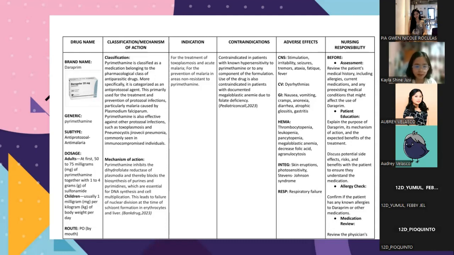And for the integumentary effects, pyrimethamine may cause skin rashes or eruptions. Some individuals may experience increased sensitivity to sunlight, or photosensitivity. And Stevens-Johnson syndrome, which is a potentially life-threatening condition involving extensive skin blistering and mucosal involvement.